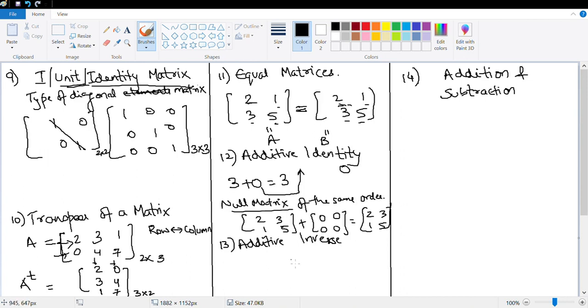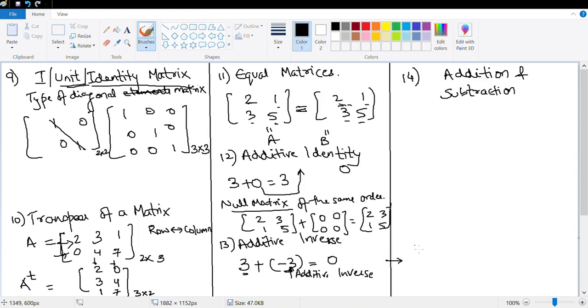And what is additive inverse? Again, if you remember algebra from grade 6 and grade 7, the additive inverse of 3 is negative 3. An additive inverse added to a number will always give 0. In the case of a matrix, it is the opposite matrix, which means exactly the same numbers but with the opposite sign.